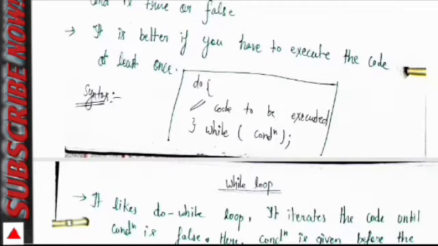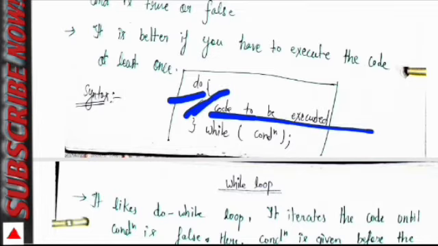Syntax of the do while statement: firstly we use do and curly braces. Here we include the lines of code to be executed, and after closing the braces we use the keyword while with the condition. Due to this, it is executed at least one time whether our condition is true or false.